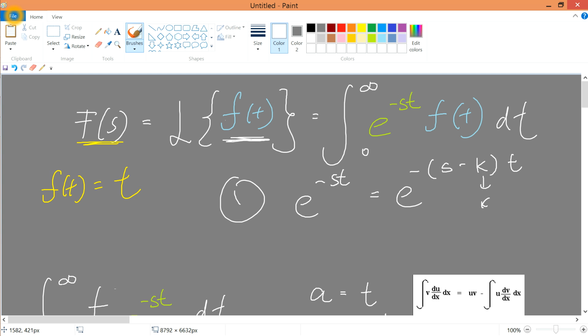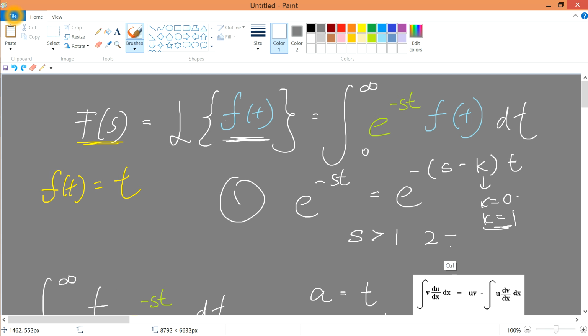If k equals 0, then it's simply e to the minus st. If k equals 1, then you have to ensure that s is larger than 1. For example, if s is 2, 2 minus 1 is 1, so at least you still have the minus over here.